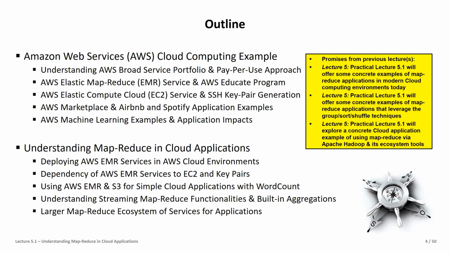Now, when we go into the second part of today, we will try to understand MapReduce more. So once we know already a bit about the AWS cloud environment and have started to deploy different services, we will also explore what the dependency is with the security pairs that we established in the first part of the lecture, but also think about security limitations and role limitations that you partly solve in the assignment.